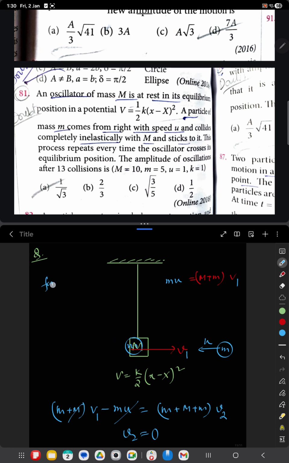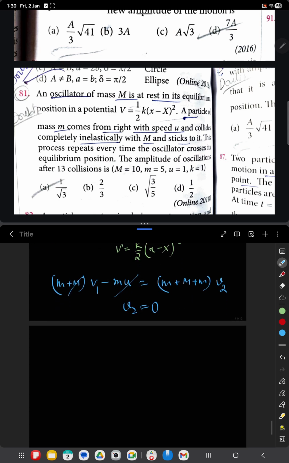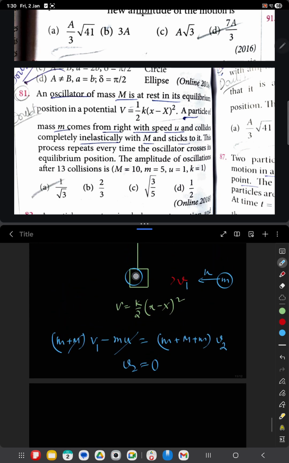So for each even mass, you are getting velocity 0. This process continues up to 12 times, because there are complete 13 oscillations. So at the 13th time, this will have mass m plus 12m and velocity 0, because after each even mass combines with this one, it has velocity 0, and the 13th mass is coming this way.